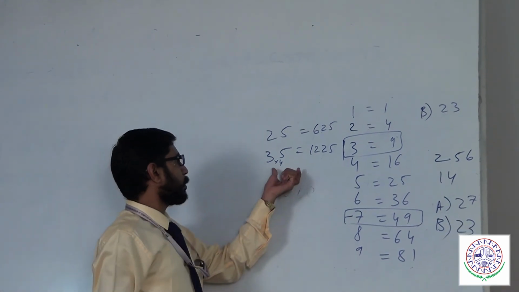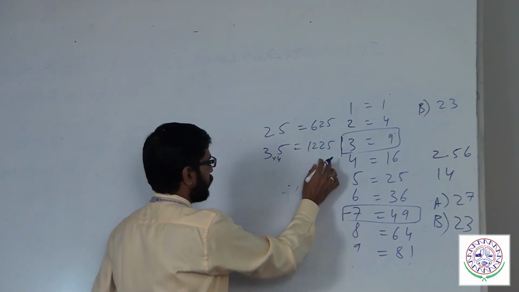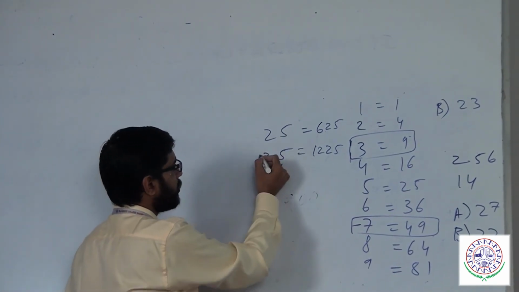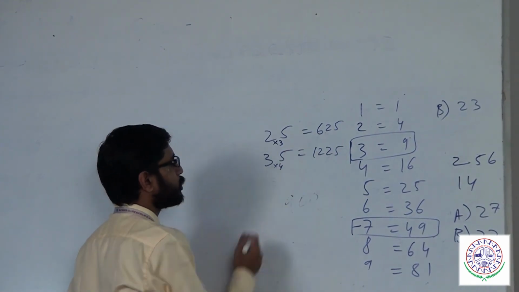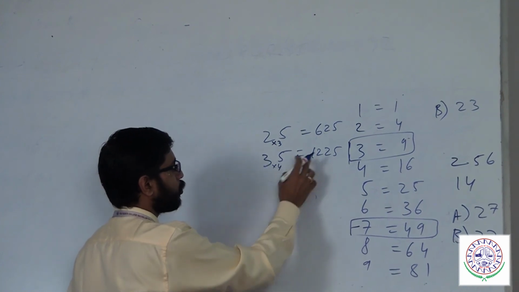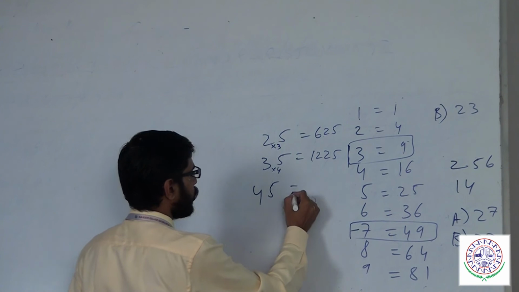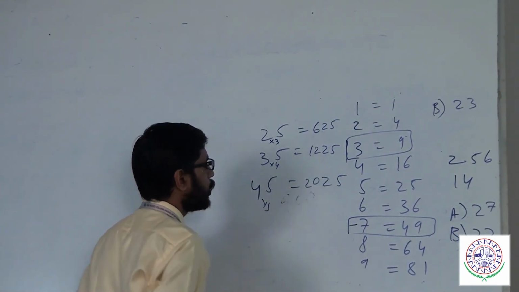Whenever you are finding the square of any number ending with 5, you write 25 first towards your right side, and take the other number and multiply it with the next number. So 35 square will be 25, 3 4s are 12, so 1225. If you want to find the square of 45, 5 square is 25, 4 5s are 20. So the answer will be 2025.